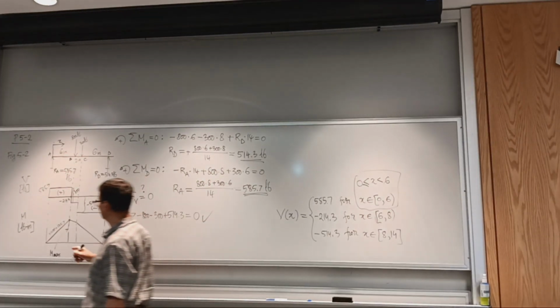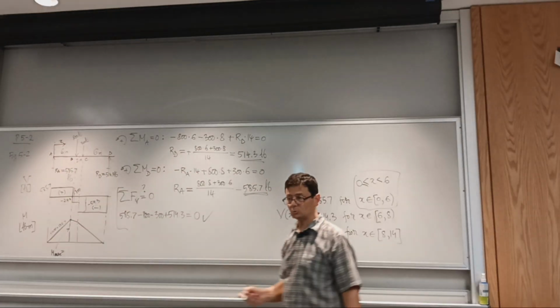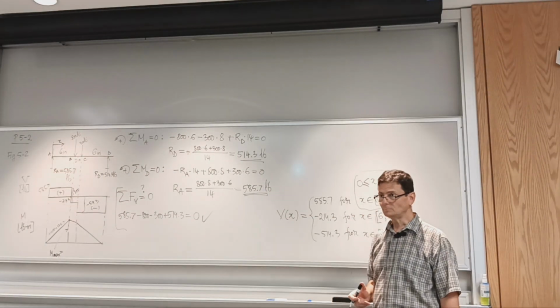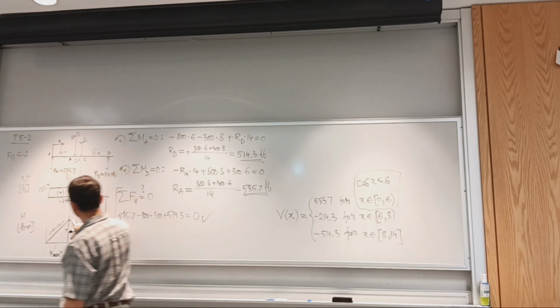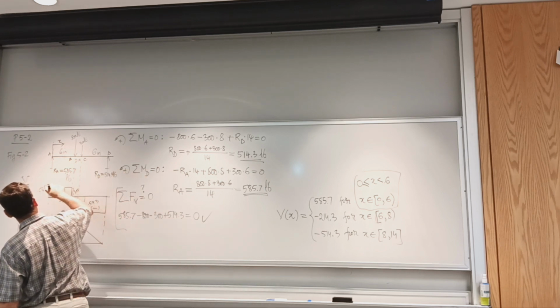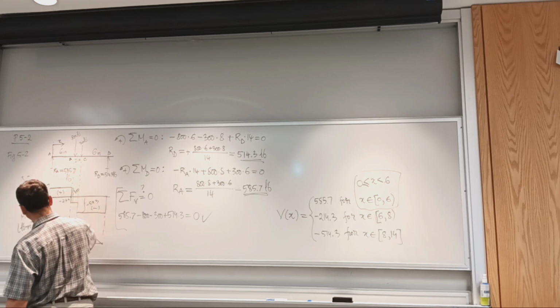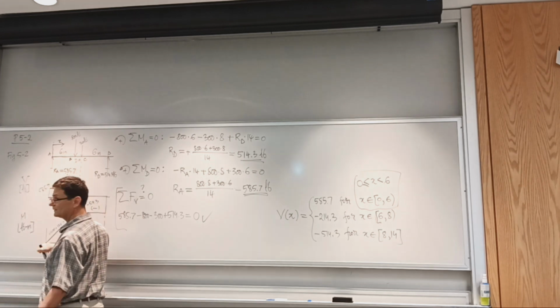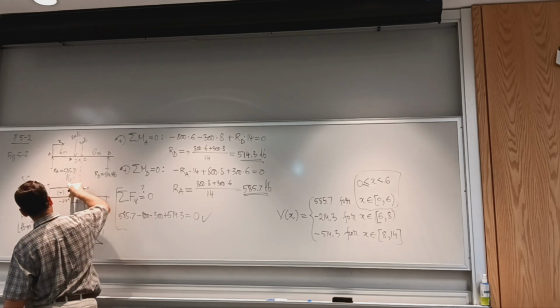So how do I get the maximum moment? You use the area principle. The moment here is going to be the area on the diagram, because I'm interested in the change in moment between the end of the beam, where the moment is 0, and a current location, which is this one.